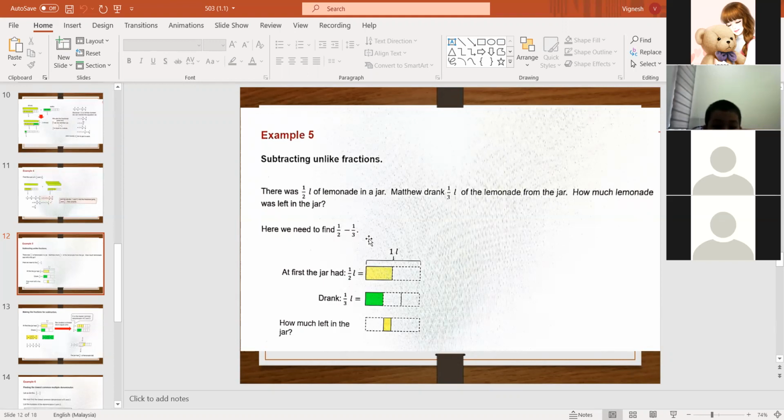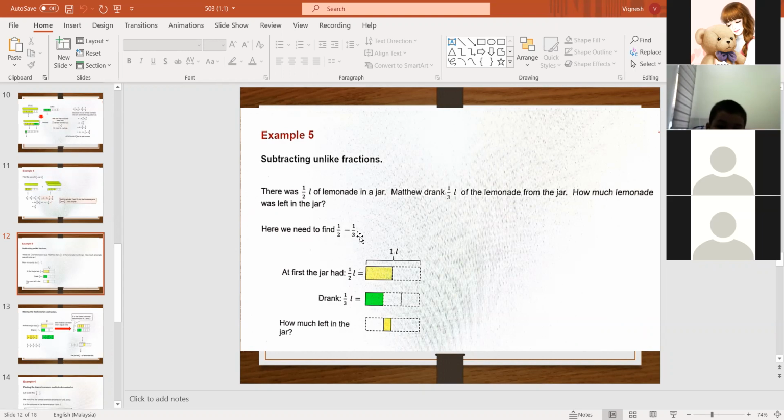2 times 3, 3 times 2. So 2 times 3 is equal to 6. Okay, so 1 times 3 is equal to 3. So 3 over 6 minus, okay, minus.